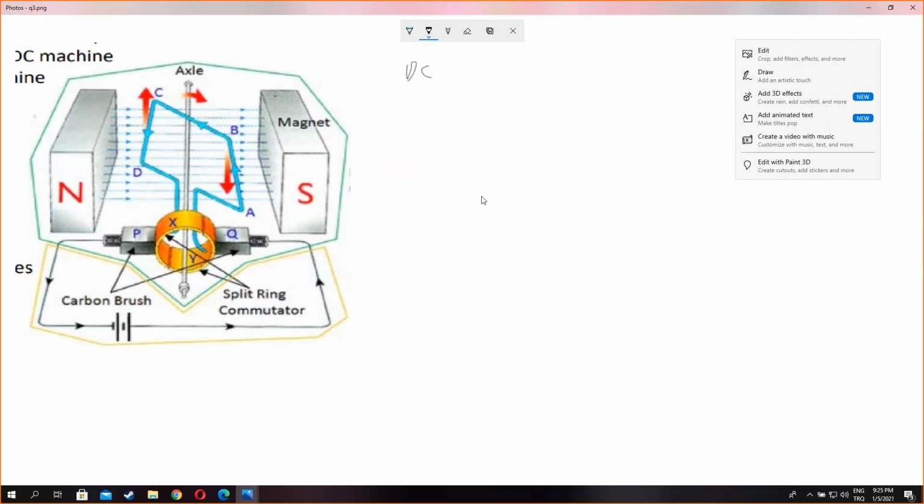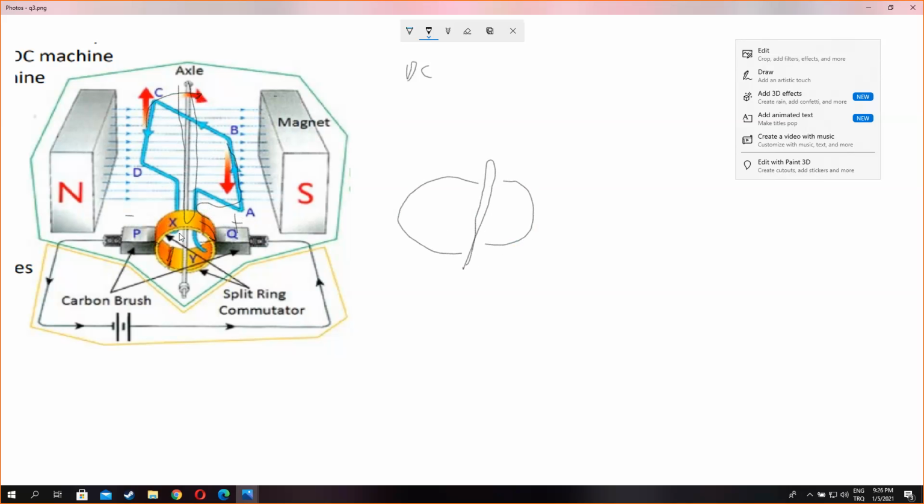In this commutator, we can see that we have a gap here, and this brush is connected to minus and this is connected to plus. So the current is flowing in this direction. But when we turn the motor at this point, the gap will be on this part and this gap will be on this part.